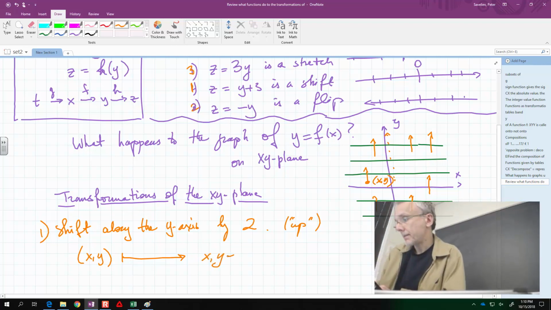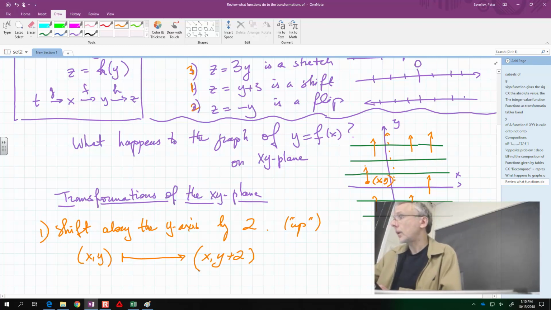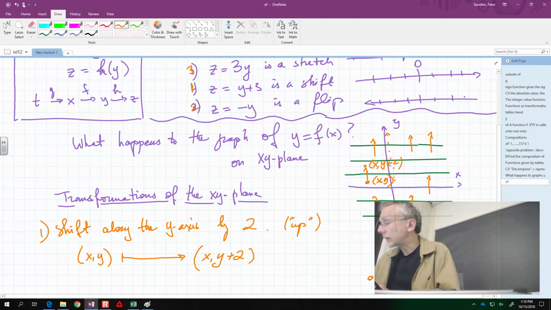That's right, x, y plus 2. So if this is xy, as I have here, this will be x, y plus 2. Well, let me make a bigger picture. This is xy, and this is x, y plus 2. As you can see, the change is with respect to y only.